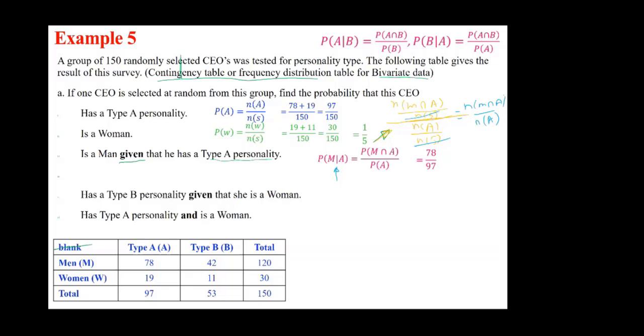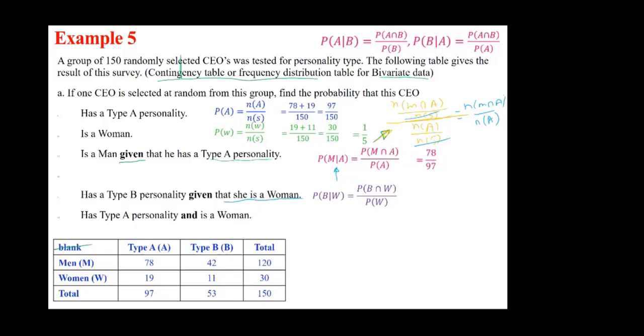Here's another example. Type B personality given that she's a woman. So now your sample space is no longer 150 again, but what is it? It is the sample space that contains all women. Right after given, that is your new sample space. And so the denominator is 30.